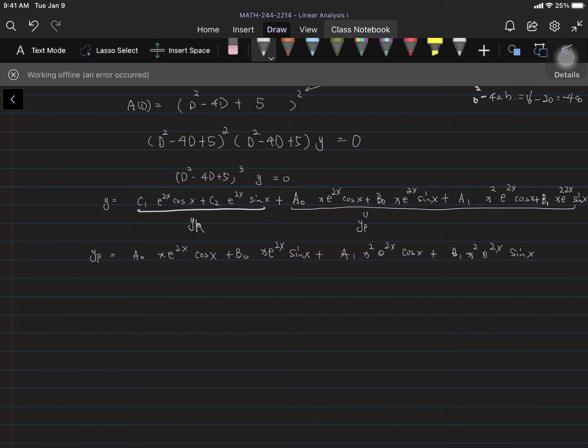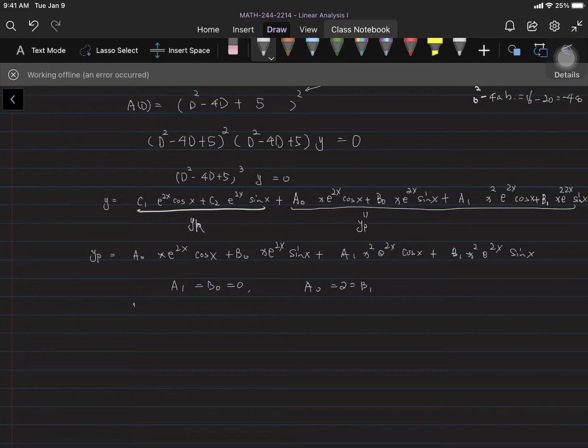We plug this into the original differential equation and solve for A naught, A1, B naught, B1. After we solve them, we actually get A1 equals B naught equals 0, and A naught equals 2, which is B1.